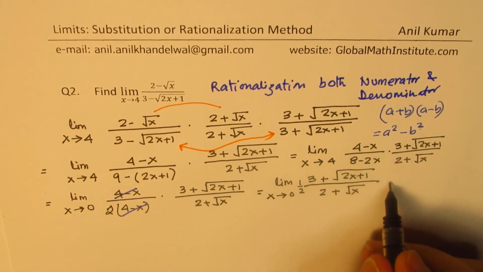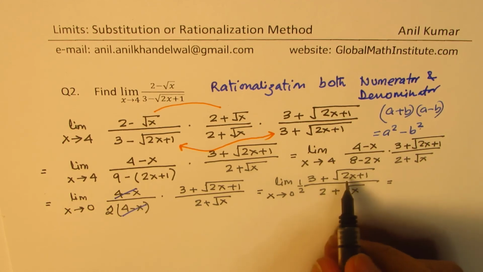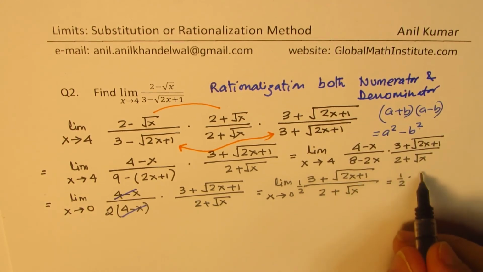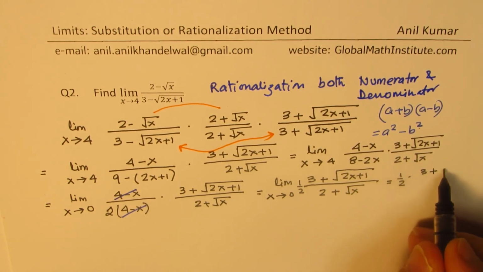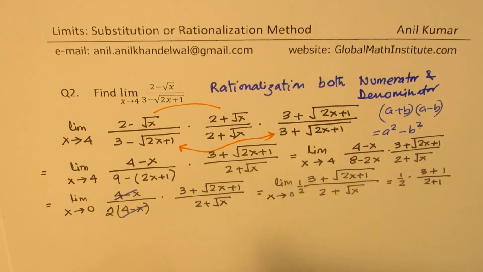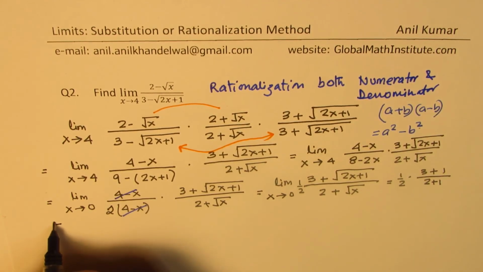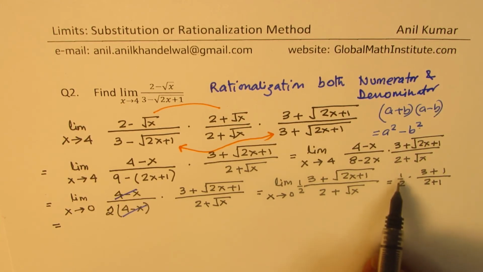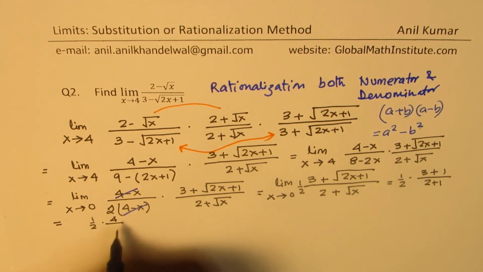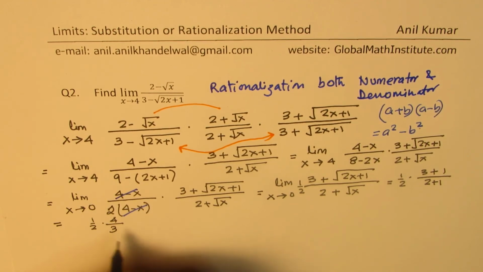So what we get here is, when I substitute 0 here, I get half times 3 plus 1 over 2 plus 1. And so this limit is basically equal to half times 3 plus 1 is 4 over 2 plus 1 is 3.